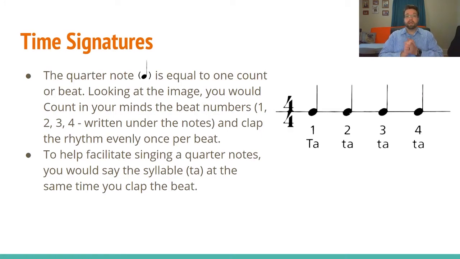So this is what it would sound like. 1, 2, 3, 4. Ta, ta, ta, ta. I'm holding out that vowel until the next beat where the consonant of the ta is reiterated, because the pitch is played again. That's the reason why I repeat the tas for each beat.